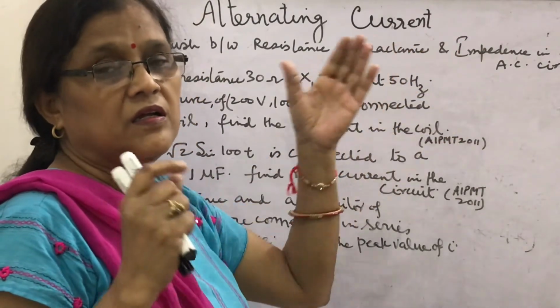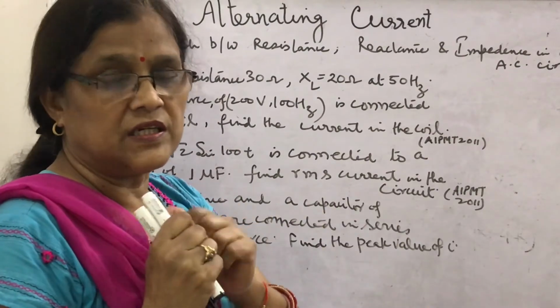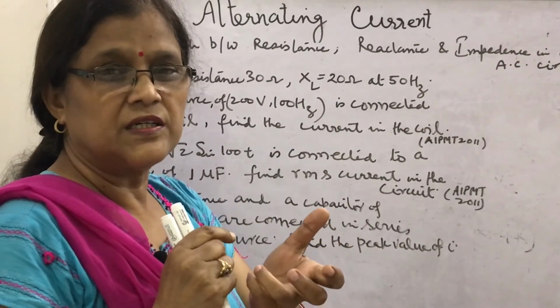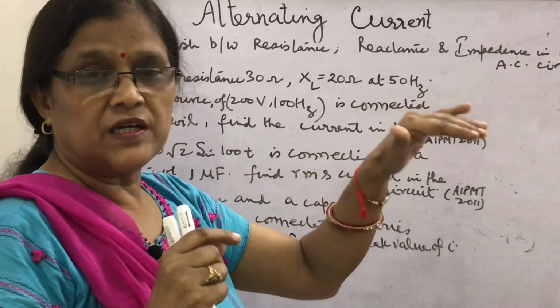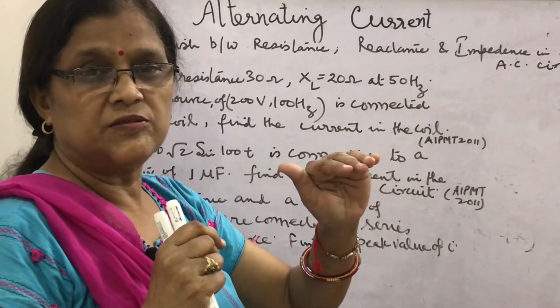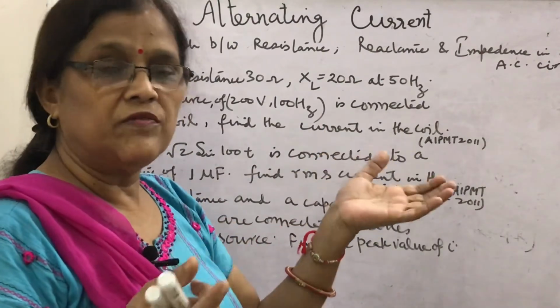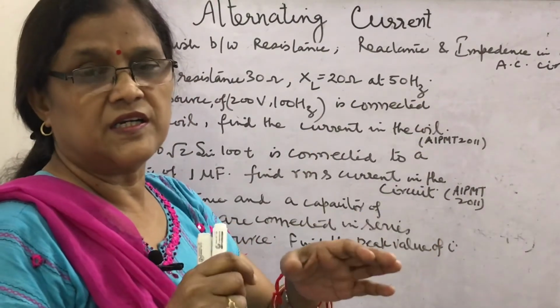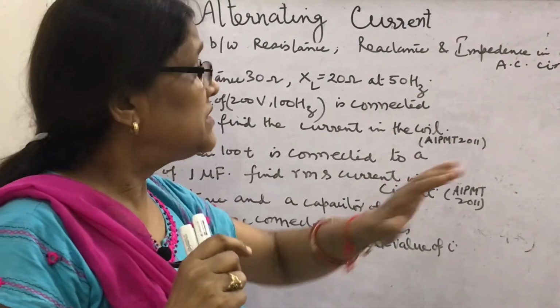When an inductor along with a resistor is connected in series, that is, a series LR circuit, or a capacitor along with a resistor connected in series in an AC circuit, as we have just seen, or when all these three are connected in an AC circuit, what is impedance?